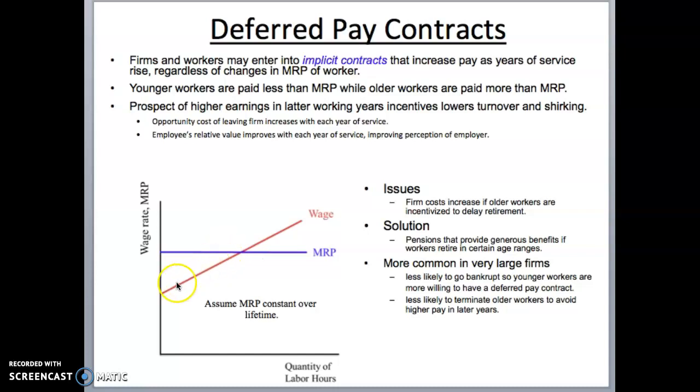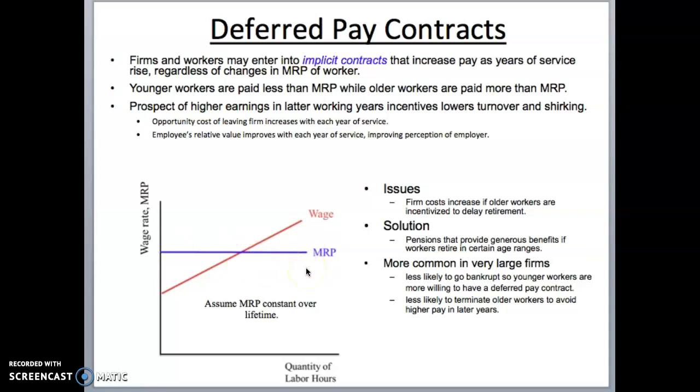That young workers would not want to take the low wage below their productivity because there'd be no reward when they get to this kind of break-even point. So big companies oftentimes are better suited for these kind of deferred pay contracts because you got to get people to come to work and actually work for a lot less than their marginal revenue product. And that's not going to happen unless there's some payoff down the road.